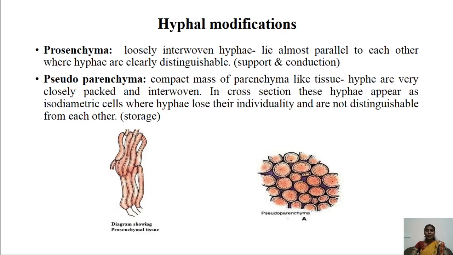The first example of hyphal modification is prosenchyma. Prosenchyma is a loosely interwoven hyphal tissue whose hyphae lie almost parallel to each other. In this diagram we can observe a number of hyphae arranged one near another, parallel in nature, and they can be easily distinguished.